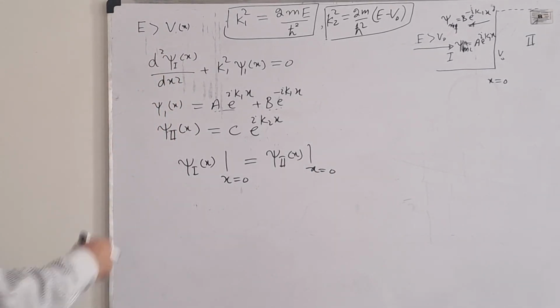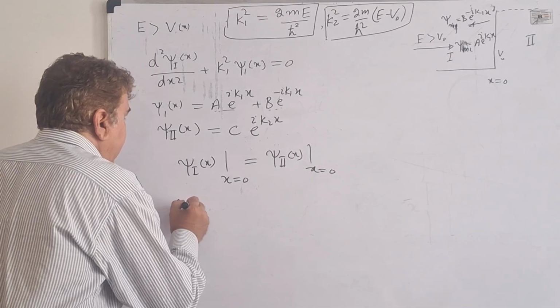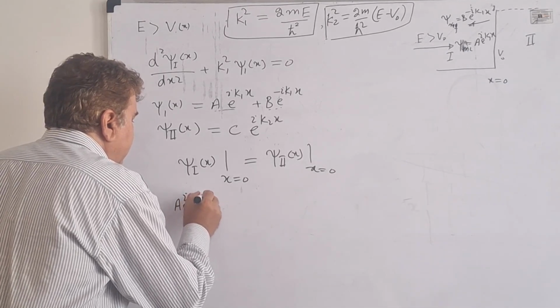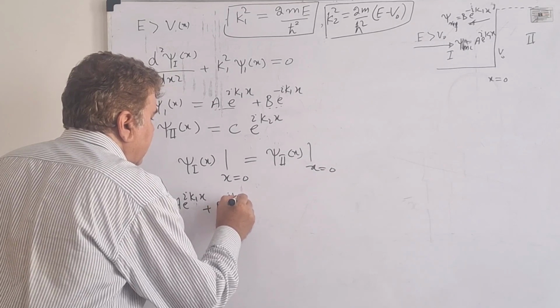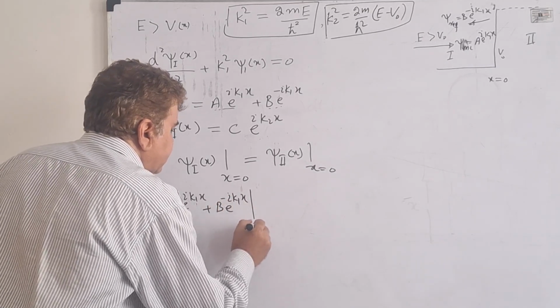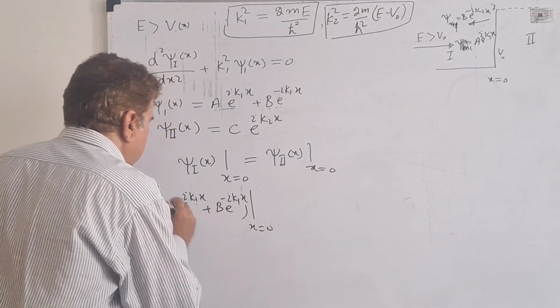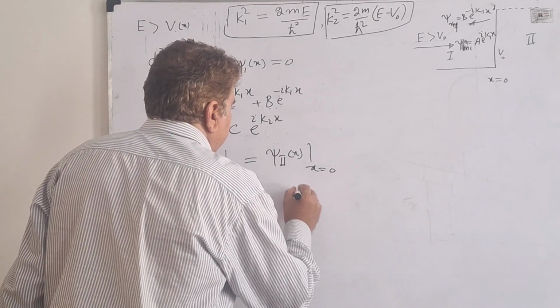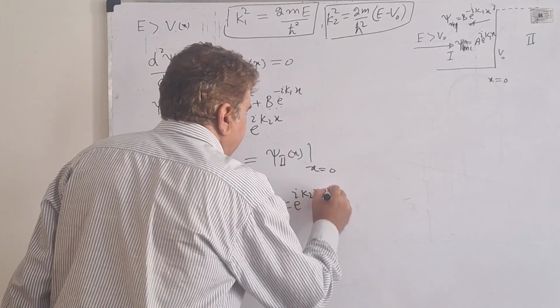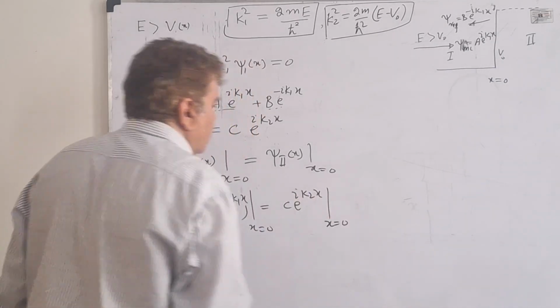And that means we should have A exponent i k1 x plus B exponent minus i k1 x at x equals 0 must be equal to C exponent i k2 x at x equals 0.